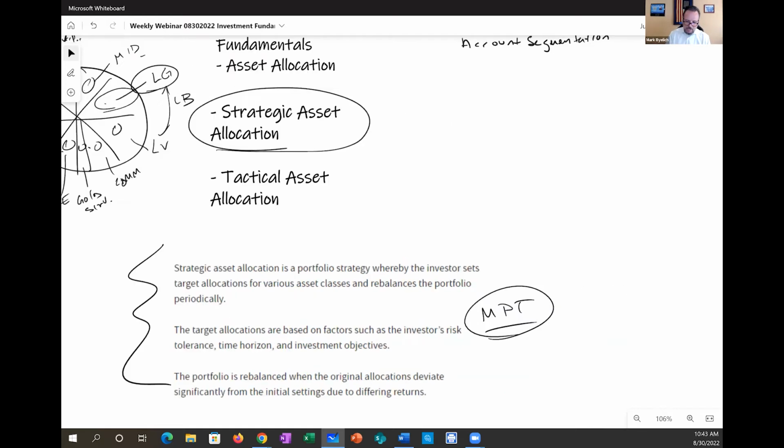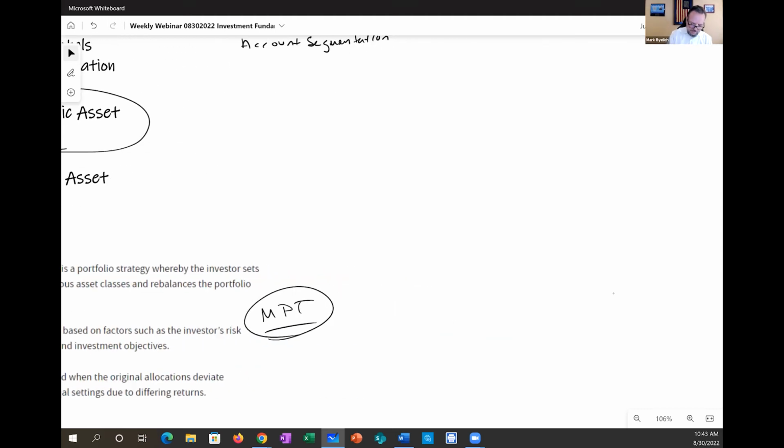But modern portfolio theory basically says you have your level of risk here, and you have your level of return here. And then we have this thing called a capital market assumption line. So capital market assumption line is, not to get too in the details, but different companies have different thoughts on what we should expect along this line.